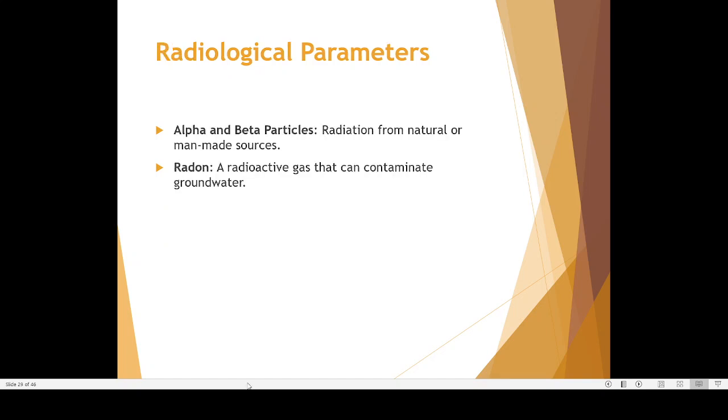Then one more parameter is the radiological parameter, the presence of alpha and beta particles. For example, you go to Kollam, Chavara area. In that area, if you take water, that will be containing a lot of ilmenite. Ilmenite is a mineral of thorium. So thorium is a radioactive material.